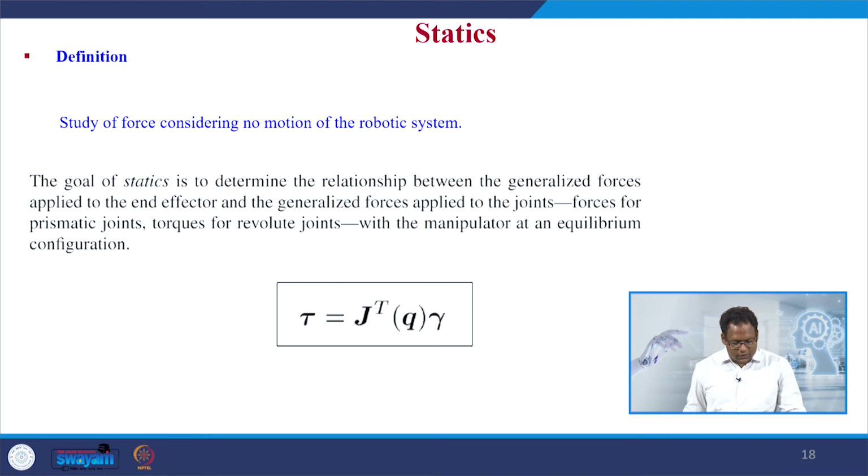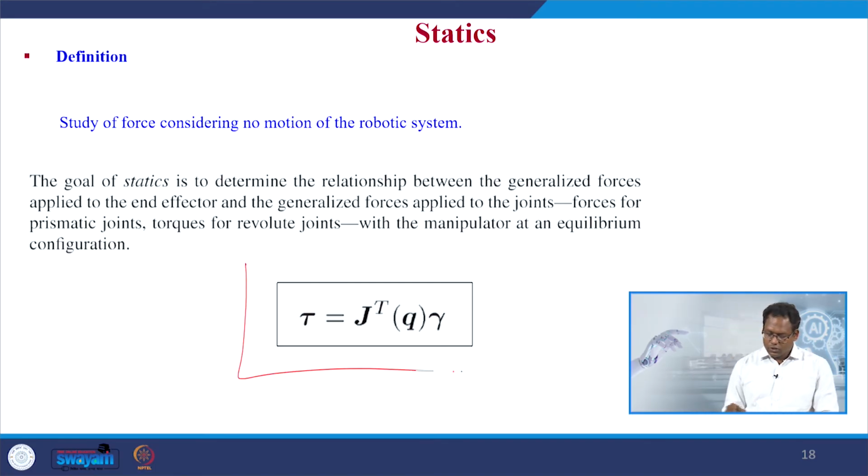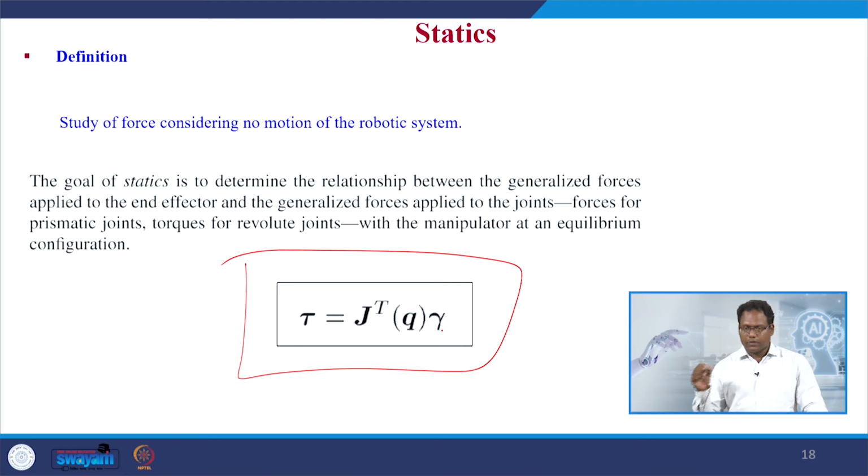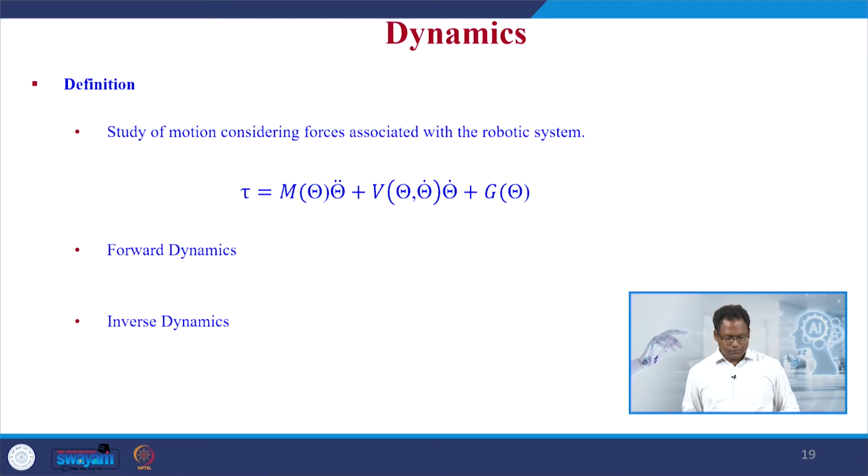The goal of statics is to determine the relationship between the generalized forces applied to the end effector and the generalized forces applied to the joints: forces for a prismatic jointed robotic system and torques for the revolute joints, with the manipulator at an equilibrium configuration. Hence the relationship tau equal to J transpose gamma, where gamma is the tip force and tau is the joint torques of the robot.